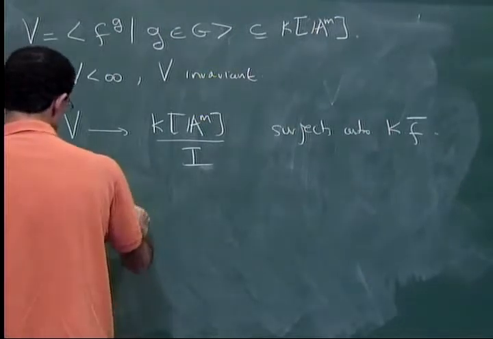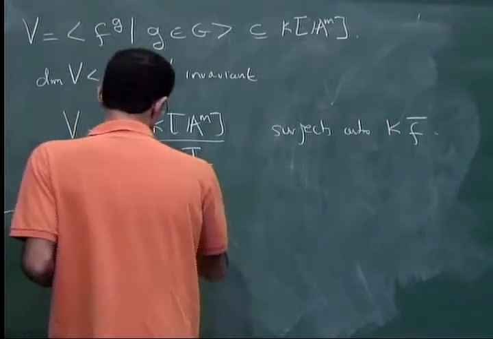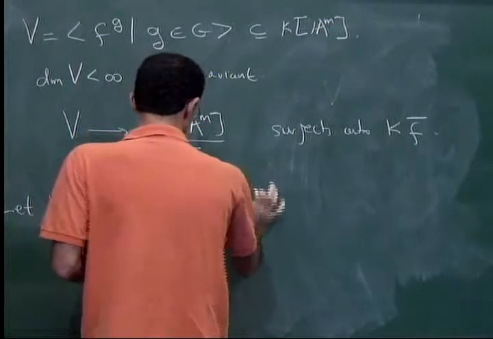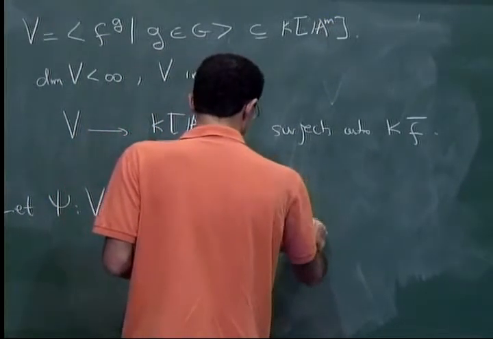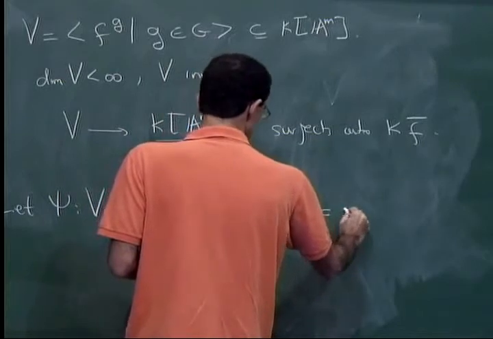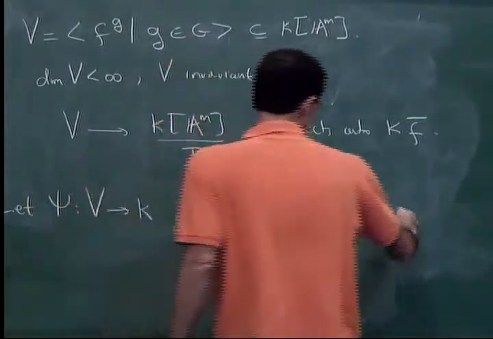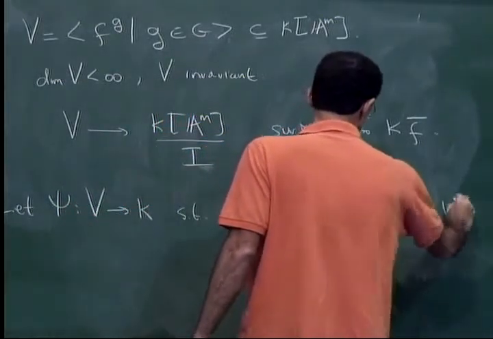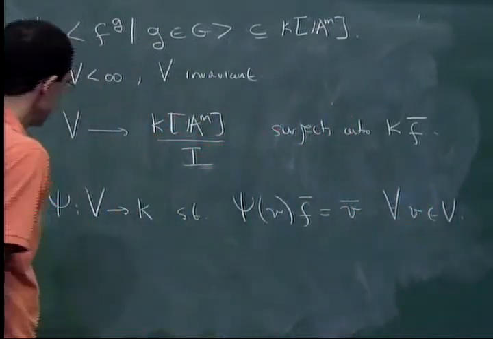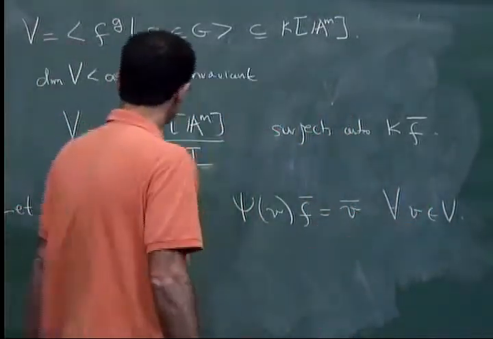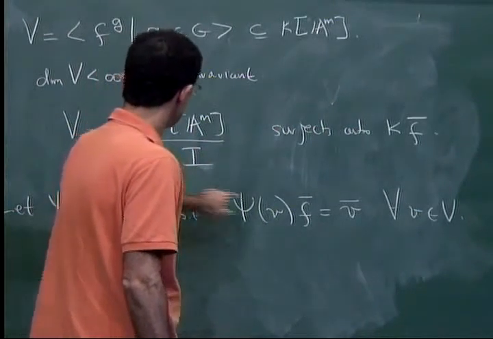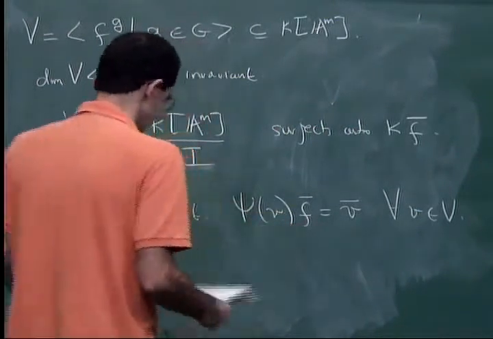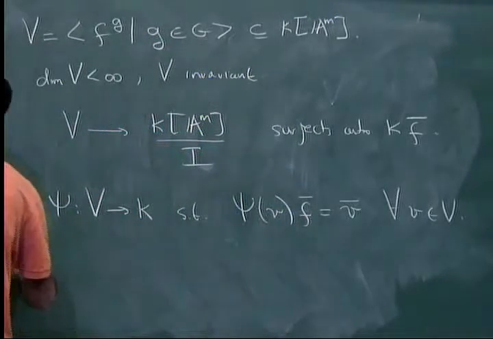We consider the linear functional such that psi of V F bar is equal to V bar. Okay, so V is a function. I can restrict it mod I, right? And everything here is a multiple of F bar, so I'm denoting by this psi this multiple, and this psi is invariant.